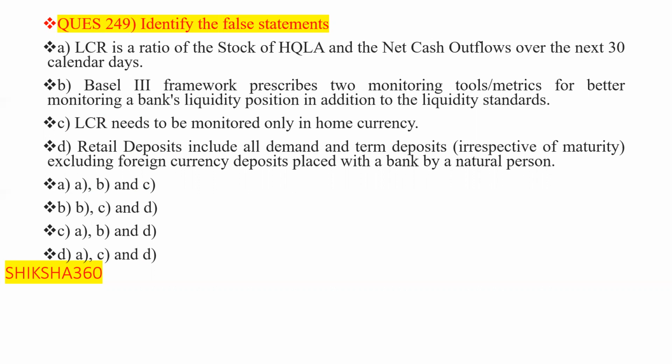Is this one correct? Yes, this one is correct. Basel III framework prescribes two monetary tools or metrics for better monitoring a bank's liquidity position in addition to the liquidity standard.